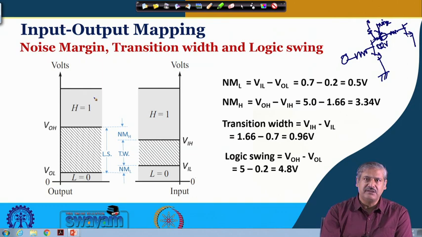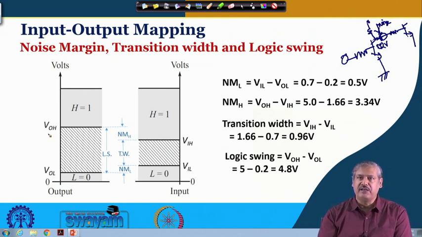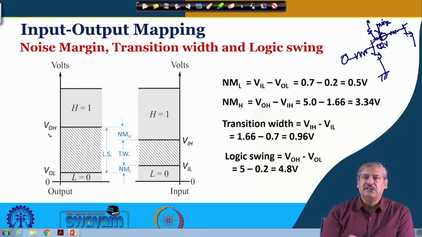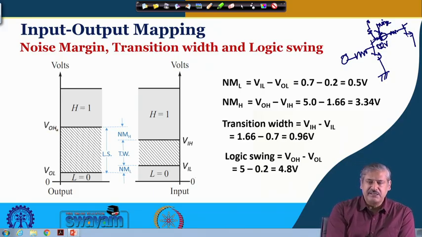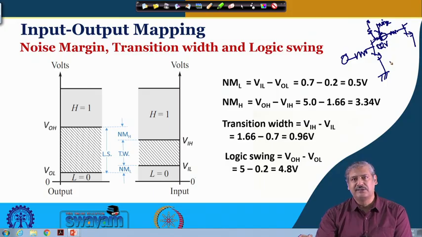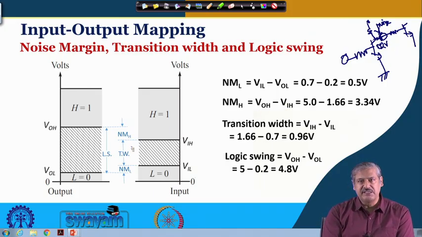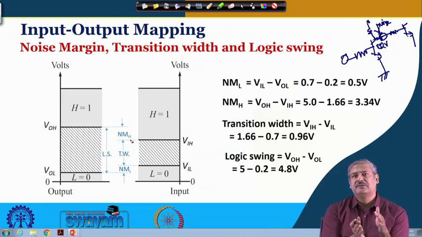But if the noise polarity is negative, then we are a bit of concern. This VOH can come down. If it comes down and crosses VIH, then we are in a problem. The input will not be treated as high. So, this VOH minus VIH is the margin of noise that it can accommodate.